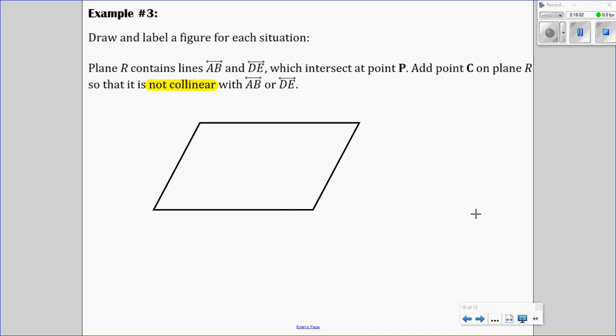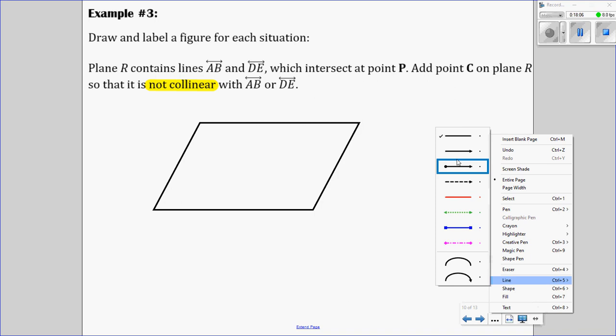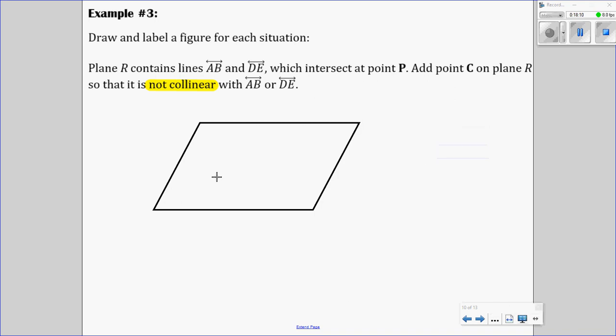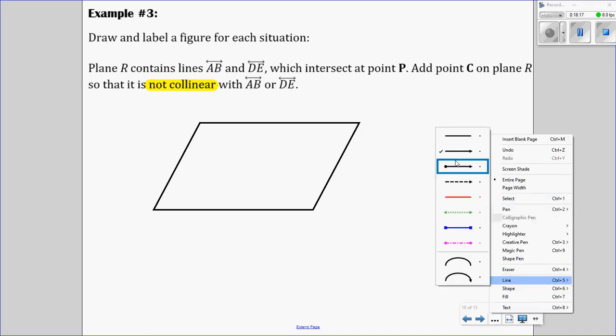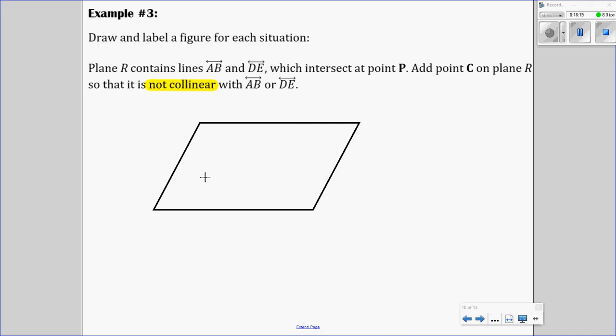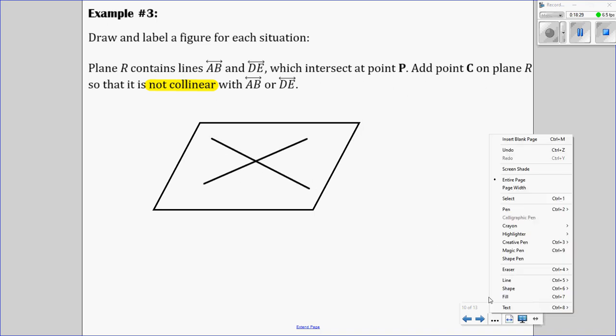That's my plane, and it has the lines. So I need to have my line. They say that those 2 lines, AB and DE, intersect at point P. So I'm going to draw my 2 lines, and then, of course, I'm going to label them.